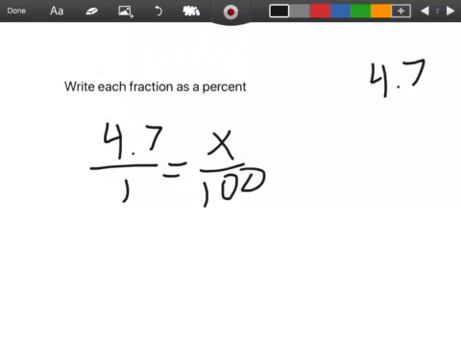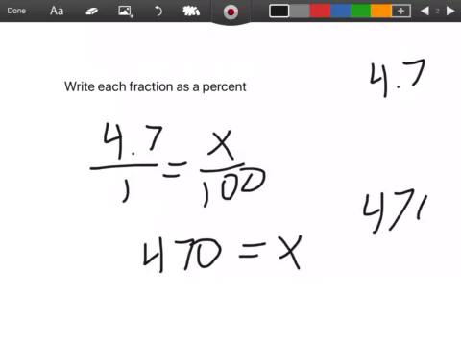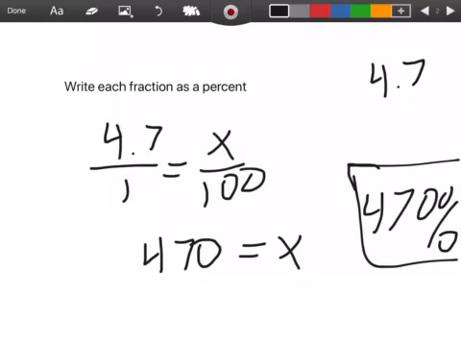You multiply 100 on both sides. You get 470 equals x. Then you get 470%. So 1 is basically 100% in this case.